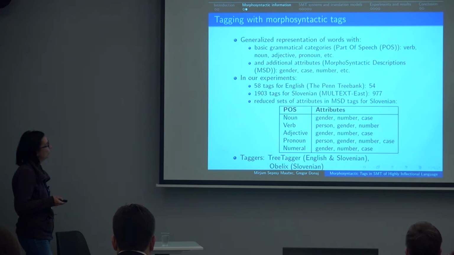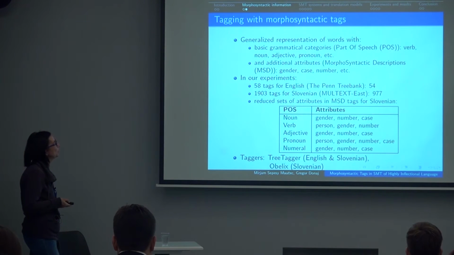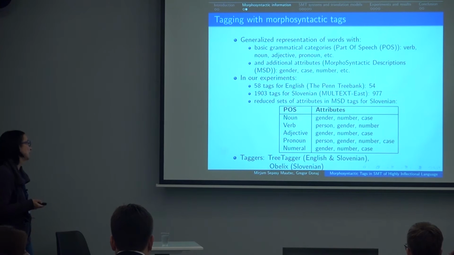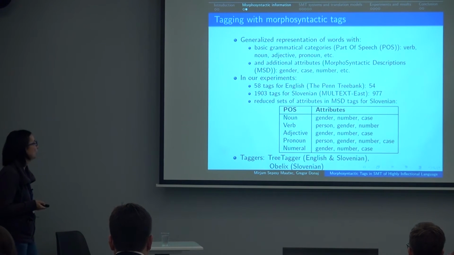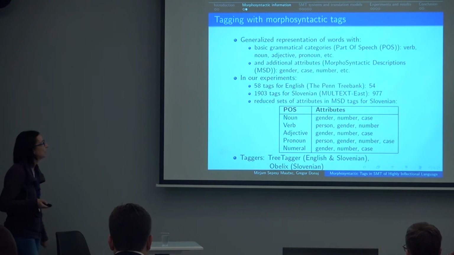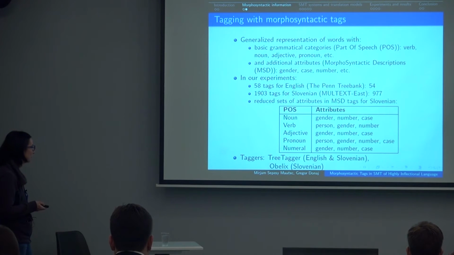We also did some experiments with a reduced set of attributes in the MSD tags for Slovenian. Mainly, we keep the information about gender, number, and case, and person in verbs and pronouns. This set of reduced attributes was intuitively chosen with no deep linguistic analysis.